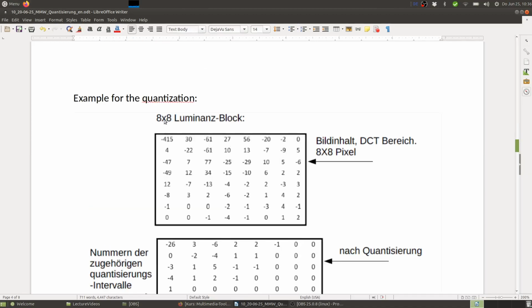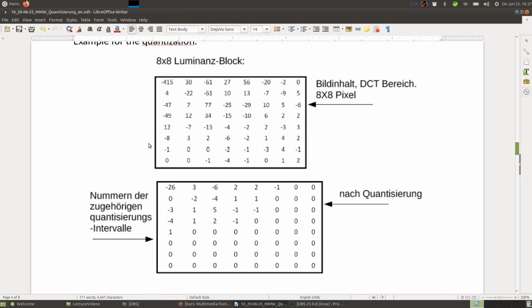So here's an example. This might be some original DCT, and you can see here we have negative values for DC. So this might be, for instance, coming from chrominance. Remember, chrominance can also have negative values.